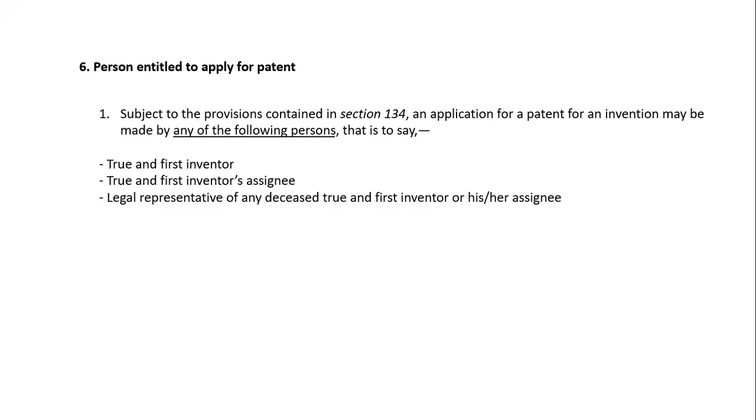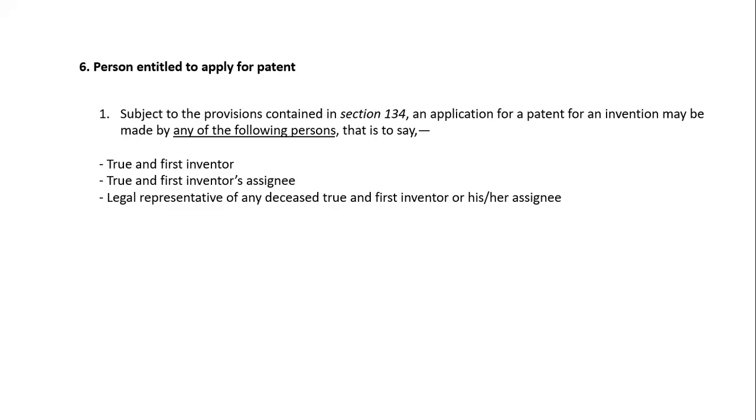Assignee of the assignee. Yes, question, ma'am. Is it only from the educational institute to transfer the rights to the corporate, or corporate to corporate will also be named as assignee to assignee? Assignee to assignee. Correct. Madam, here one question. Yes. The assignee finds another assignee. Will the true and first inventor have to be informed or give approval?